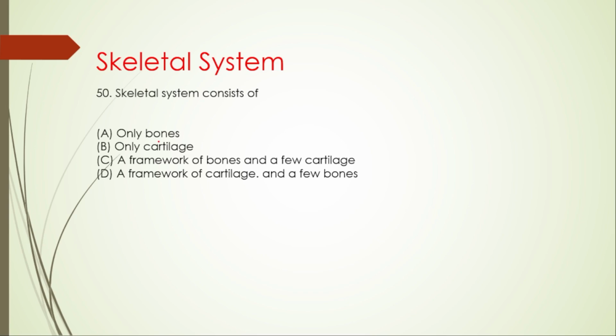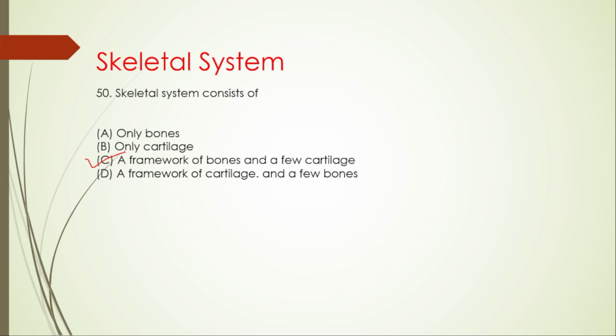Question number 50. Skeletal system consists of A, only bones, B, only cartilage, C, a framework of bones and a few cartilage, D, a framework of cartilage and a few bones. So here the right option is option C. The human skeletal system is not composed of only bones.